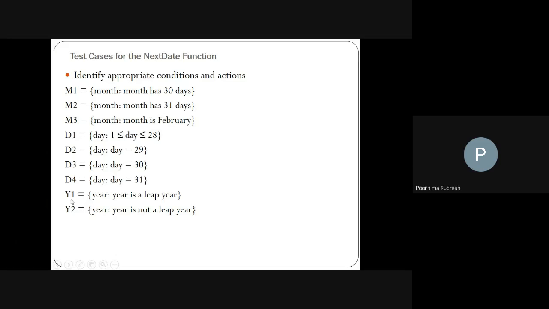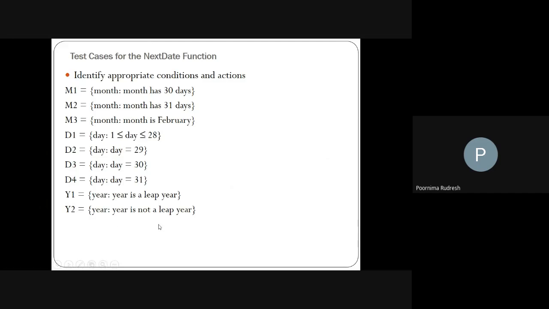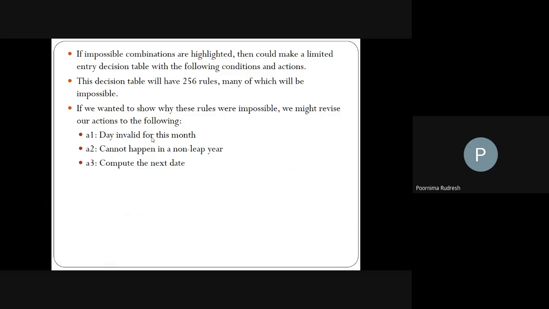And two values are defined for the year. One is the year which is a leap year, and the second is the year which is not a leap year. So these conditions we are defining, and we'll use this in construction of the test cases.